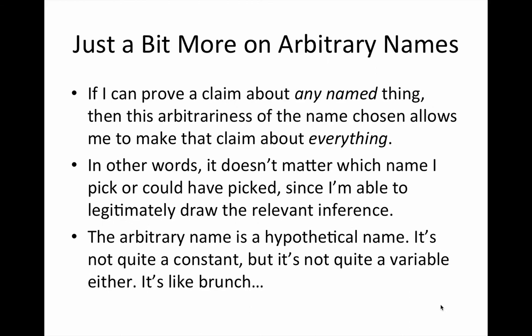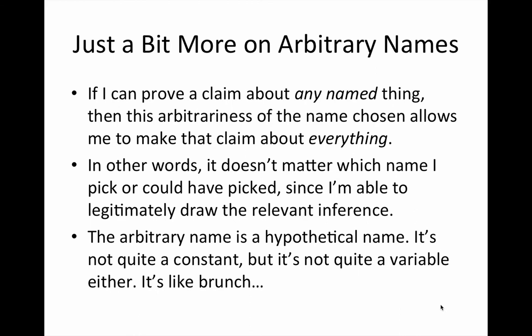If I can prove a claim about any named thing, I just grab a name, then this arbitrarily chosen name allows me to make that claim about everything, right? So just grabbing a name means that what I can say about this, I can say about any name I would grab, hence the universal. In other words, it doesn't matter which name I pick or could have picked, since I'm able to legitimately draw the relevant inference from the name that I did pick.